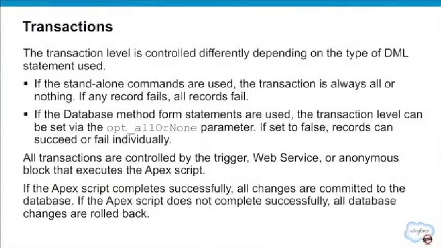All right, let's talk about the transactional nature of doing DML. We've already talked about when we're working with a list of SObjects, we have the all or none flag where we can control the transactional nature of that single DML operation of the list of records.